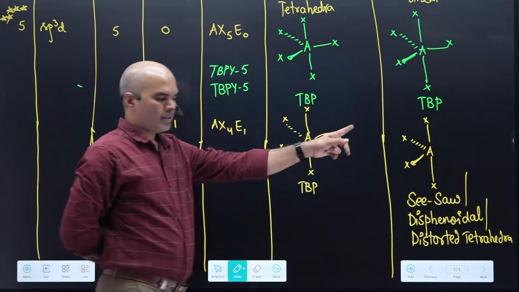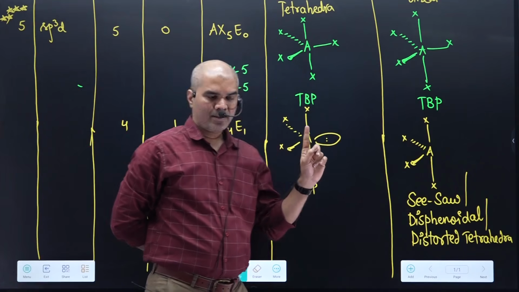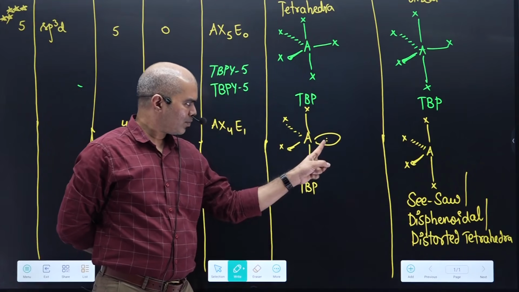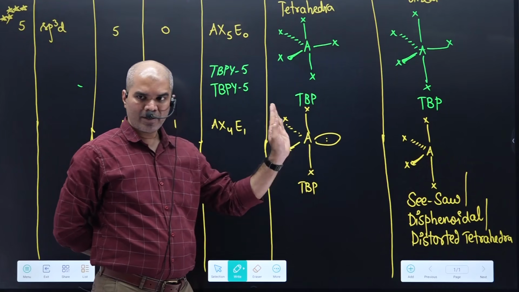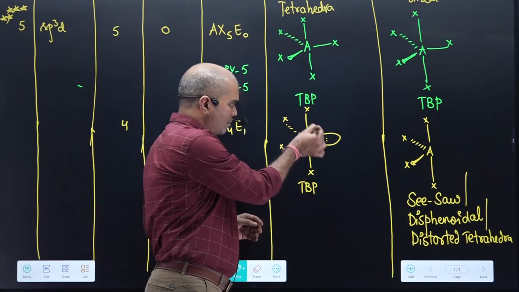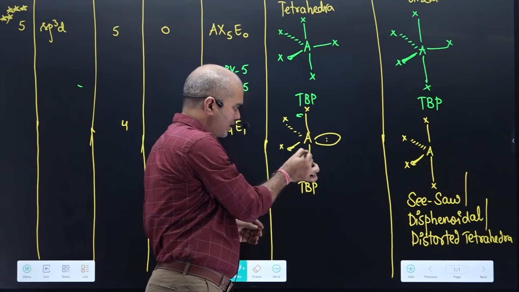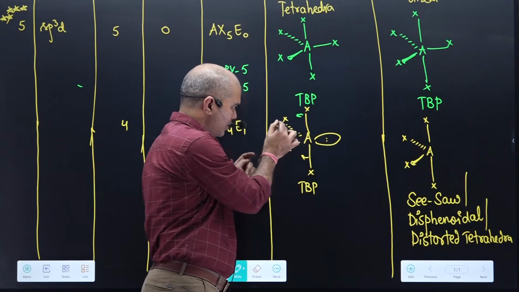Okay? Lone pair will occupy more space. It always wants more space. So what does it do with the bond pair? Will it ask it to remain there? No, it will push it. These repulsions will occur. This will be pushed. This will be pushed. It will also push these two. So these two come close.